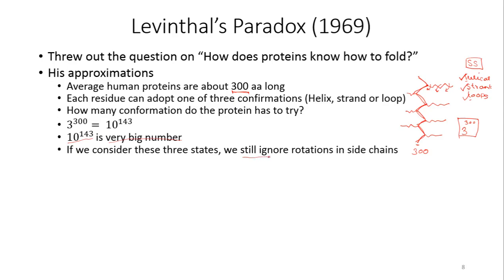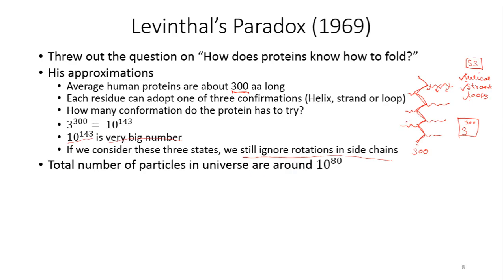We are still ignoring the rotations involved in the side chains. So this number would increase further if we consider all the possible rotations of side chains as well. If you want to consider helical states, strands and loops, along with the side chain rotations, the number would be far greater than 10 raised to power 143.